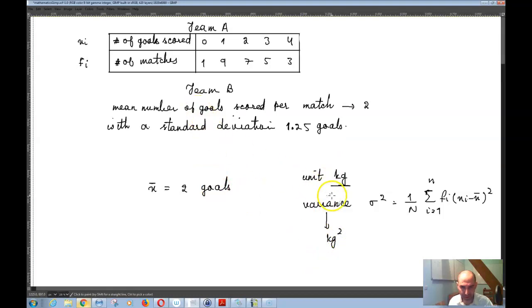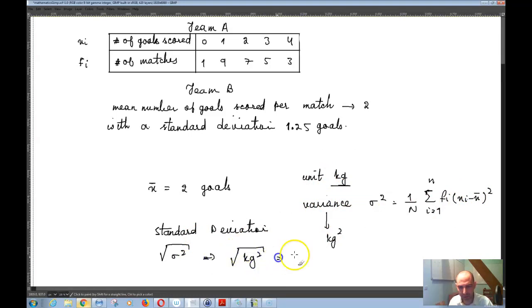But then standard deviation is nothing but the square root of sigma squared, the square root of variance, which in this case would be the square root of kilogram squared, which is going to give you kilogram again.